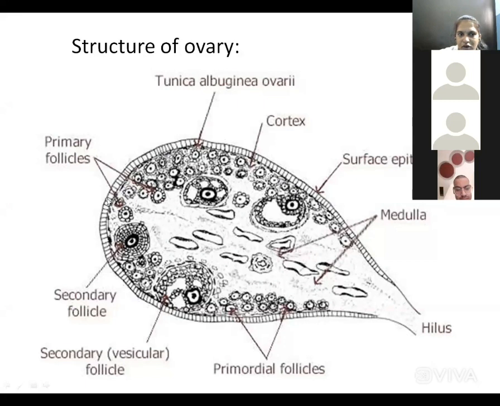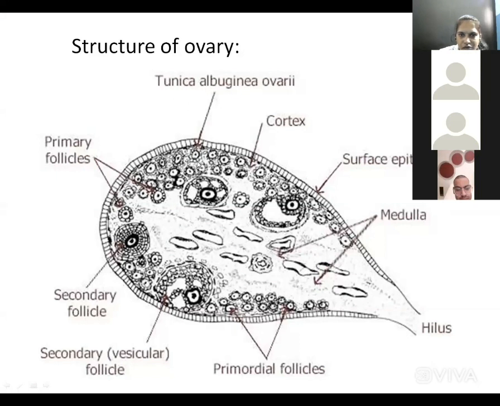Cuboidal epithelium on the outside. It is the lining epithelium of the peritoneum. Below the cuboidal epithelium there is a thin layer of connective tissue, that is tunica albuginea. Alba means white, and it is a loose connective tissue, that's why tunica albuginea.